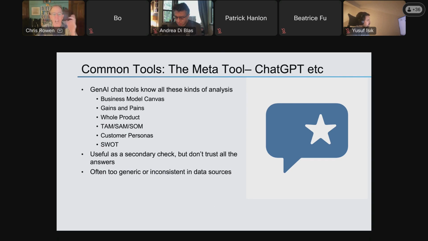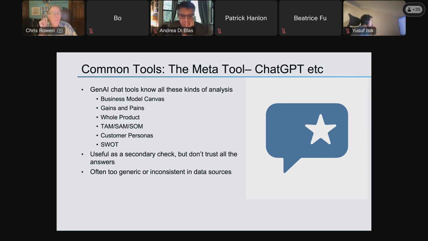You can ask ChatGPT today to do a pains and gains analysis, or build a business model canvas, or whole product chart, or TAM SAM. It has great access to lots of market data, some of it good, some of it not so good, can build customer personas, can do SWOT. So you have to take everything it does with a grain of salt. But as a way to understand these tools and to get a starting point, it's useful.